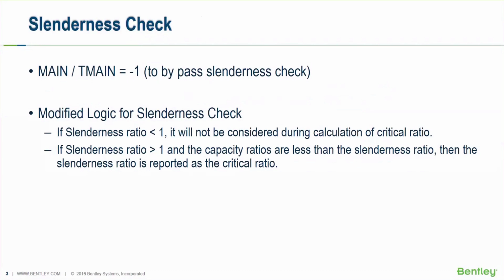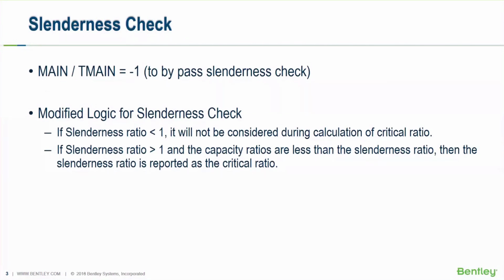That means, let's say we run several checks for getting the combined interaction check or the critical ratio for a member design, right? There are checks regarding the tension capacity, then checks regarding shear, bending, and then the combined interaction check. And we get several different ratios.